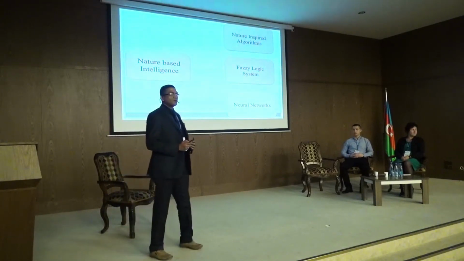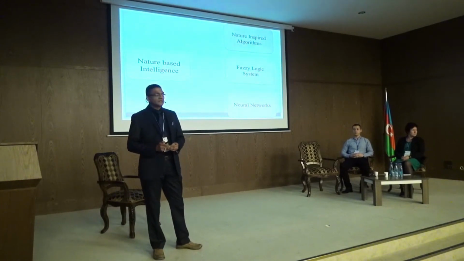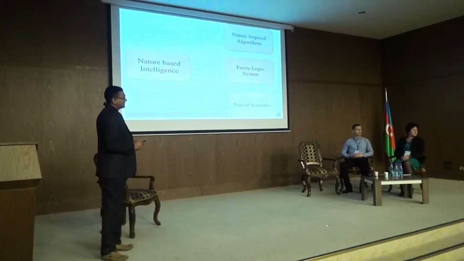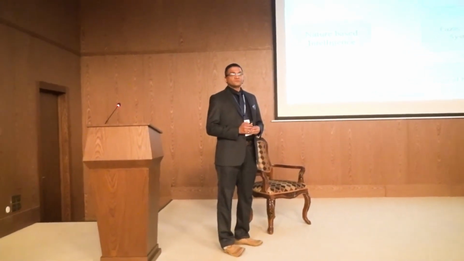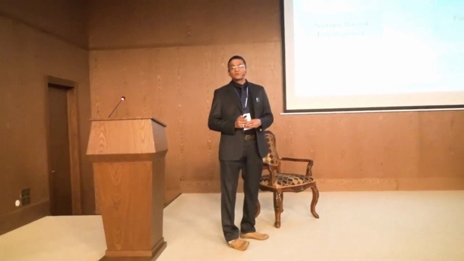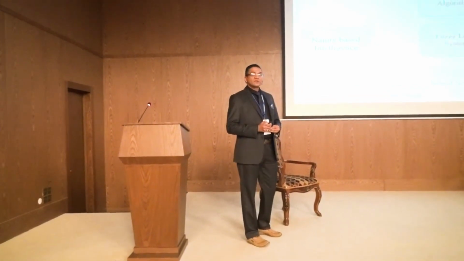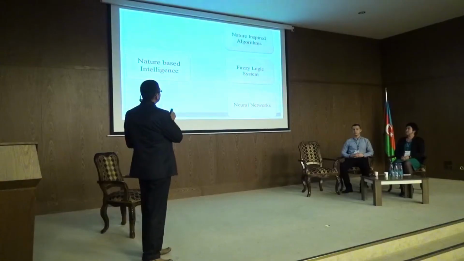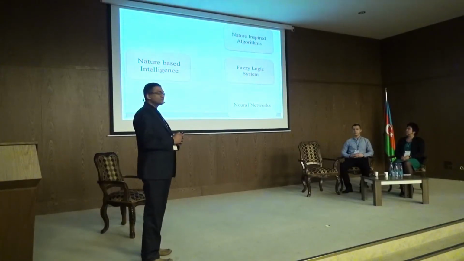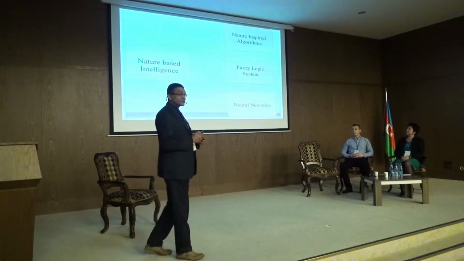For example, if you take any problem, they will mimic our natural system or natural process that can construct a solution which will be optimal both in terms of quality and also in terms of robustness. So in computational intelligence, you will find that these things are always implicit, like nature-inspired algorithms, fuzzy logic systems, neural networks, AI, support vector machines.